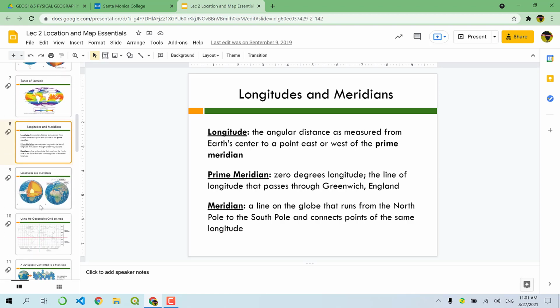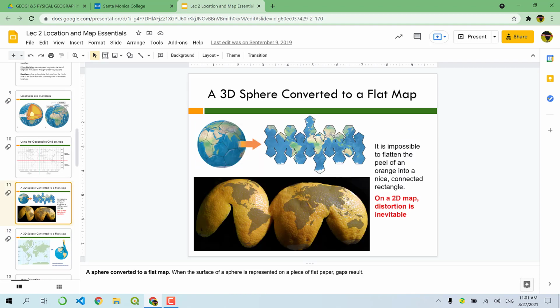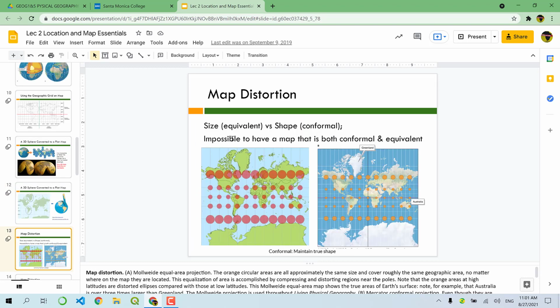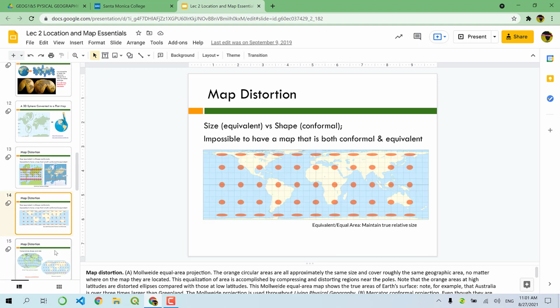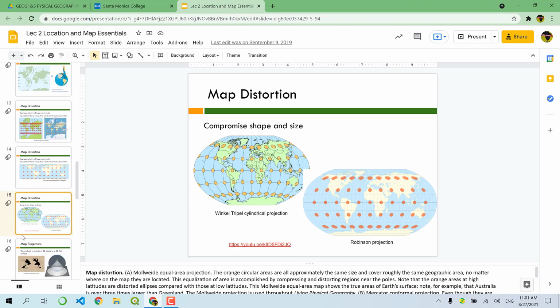Another concept is projection. First, you need to know that a 2D map has a lot of distortion, and different types of distortion: size true is equivalent, shape true is conformal. If you sacrifice both, that is a compromise map.